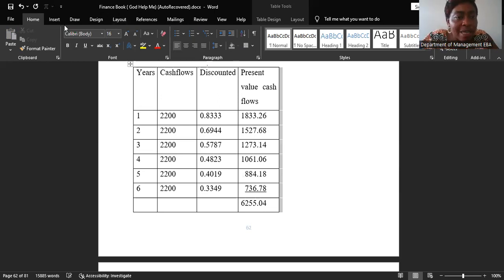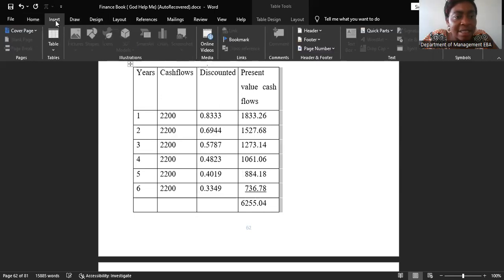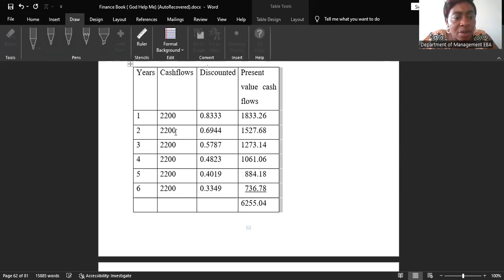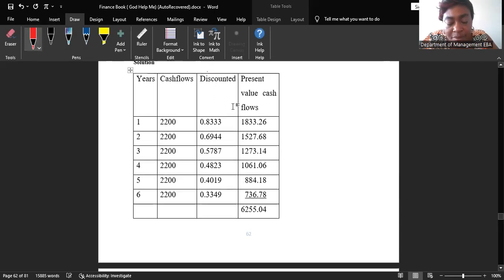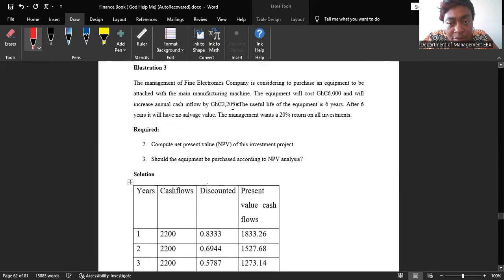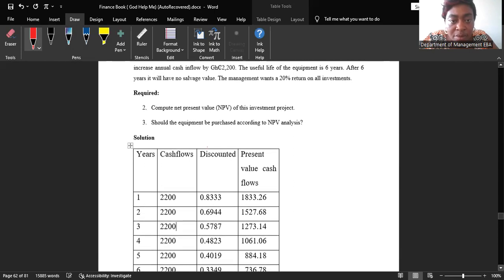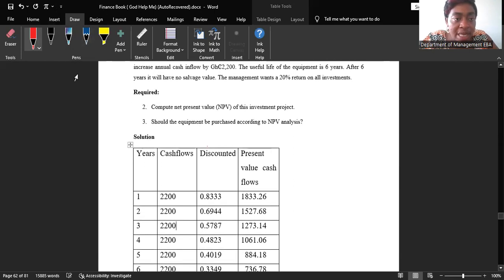So what will be our discounting factor? We have 20% here. So that's how the formula will be.